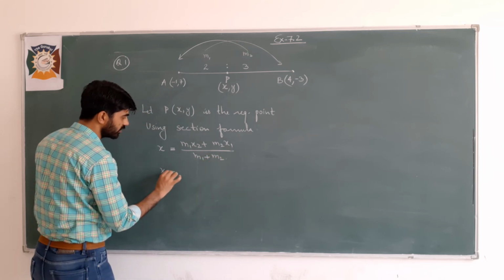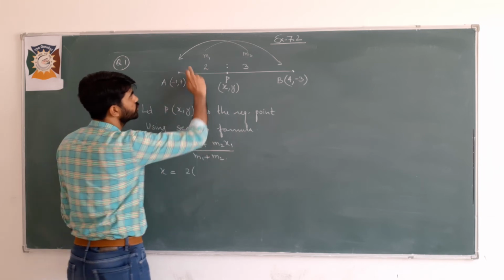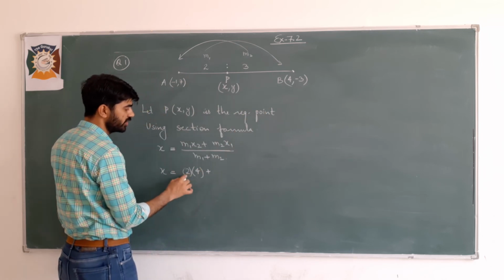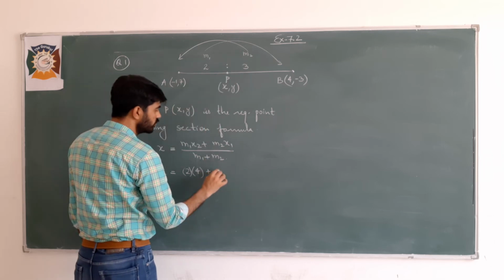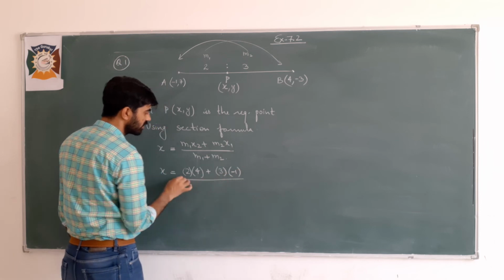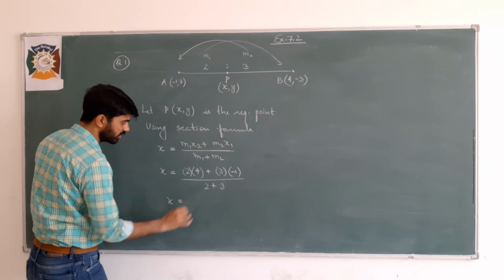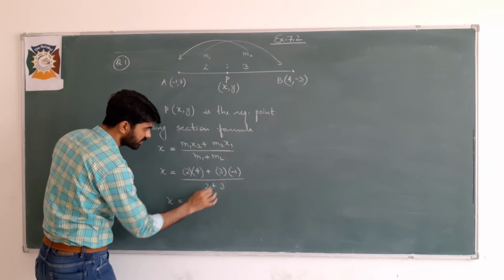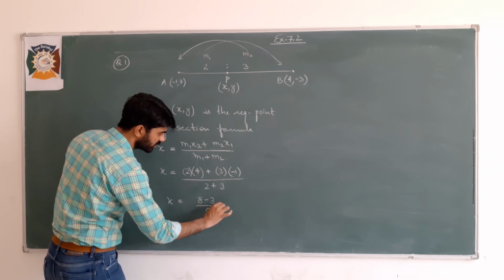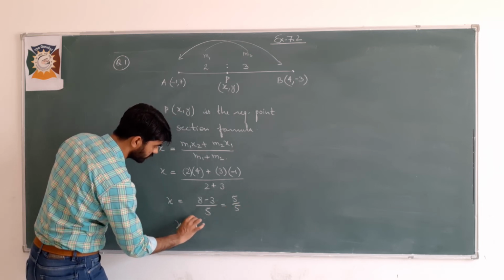So x is equal to m1 is 2, 2 into x2, x2 is 4, so 2 into 4 plus m2, that is 3 into x1 is minus 1, upon 2 plus 3. So x is equal to 8 minus 3 by 5, so it is equal to 5 by 5. So x is equal to 1.